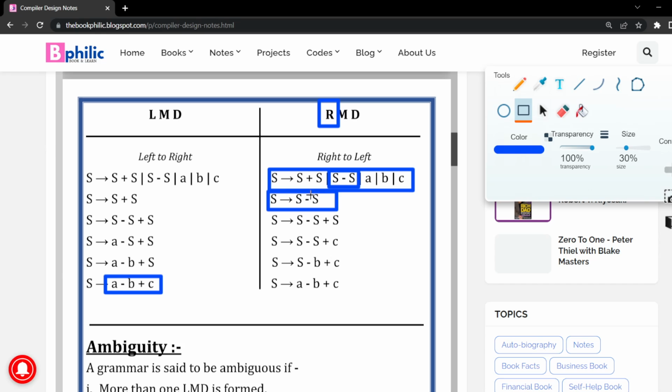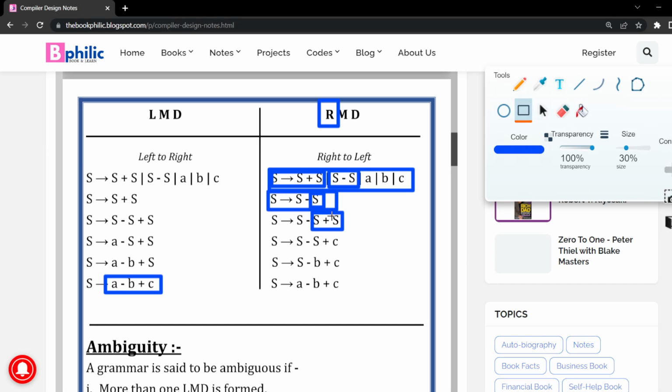So we would have to derive the rightmost capital S. First of all, instead of this capital S variable, we are writing S plus S, which is S derives S plus S, as you can see here.